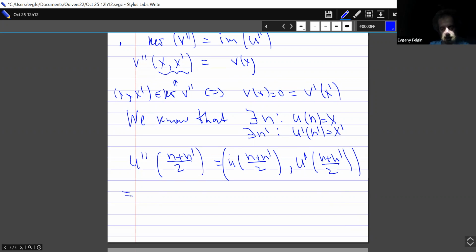So this is x prime. So let me write them as u of n prime. So x. And then we have to add or subtract something. And what we have to add here is what?